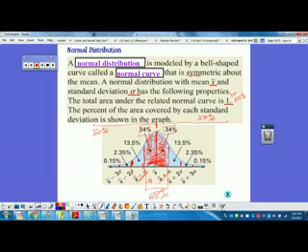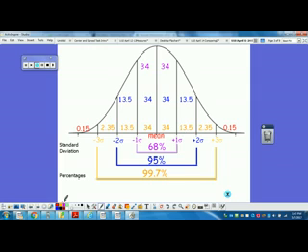It's a little easier to see on this next slide here. What we just discussed was if I go 1 standard deviation below and 1 standard deviation above, indicated by this purple line here, you would add the 34% and the 34%. That gives you 68% within 1 standard deviation, plus or minus from the mean. If I go out an additional standard deviation, 13.5% of the data exists between 1 and 2 standard deviations.